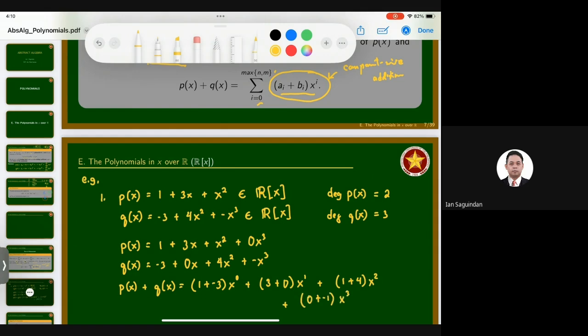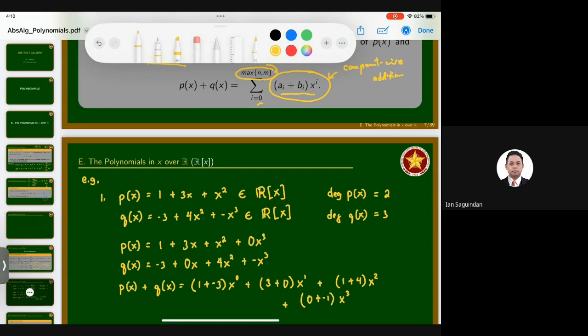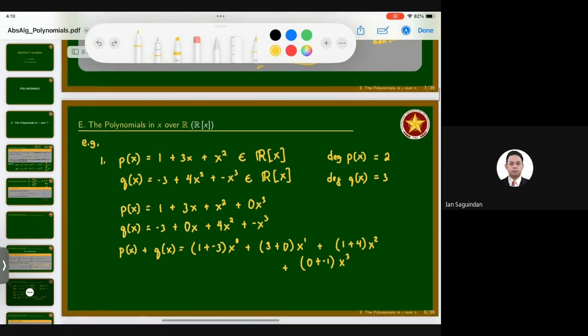Take note that x cubed, which is now the terminal term of this polynomial, corresponds to the higher degree between the two degrees of the polynomials. That is why we can now end with the usual notion of the sum of polynomials that we already know way back in perhaps grade 7.